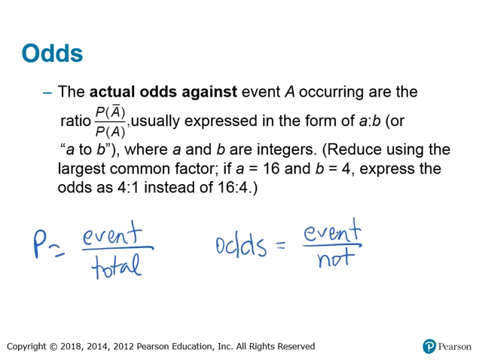So something simple, we'll try. If it was maybe 3 out of 5, we'll say that was the probability of getting an event, then the odds would be 3 out of 2 or 3 to 2. Because if there's 5 total and 3 is what I'm looking for, then 2 is what I'm not looking for. So be careful when you're dealing with odds versus probability.